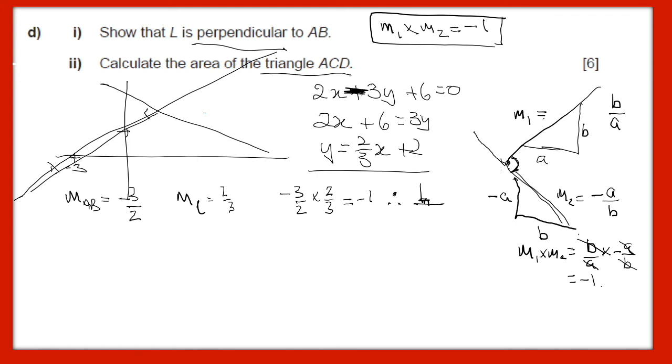Now, I need to find the area of the triangle ACD, and I know that I've got a right angle in it. So my point A is at -1, 10.